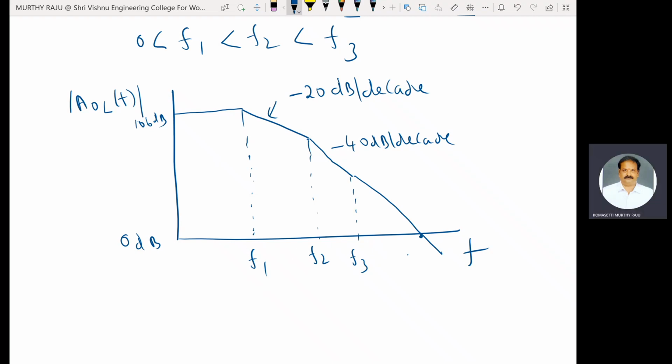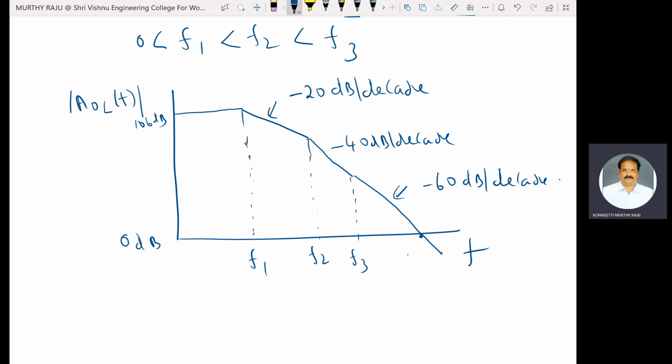The main disadvantage of this system is that it is an uncompensated system having three break frequencies. Consider three cascaded systems. These three cascaded systems introduce three capacitive effects. Due to these three capacitive effects, the gain of the amplifier decreases like that: minus 20 dB per decade, minus 40 dB per decade, minus 60 dB per decade.